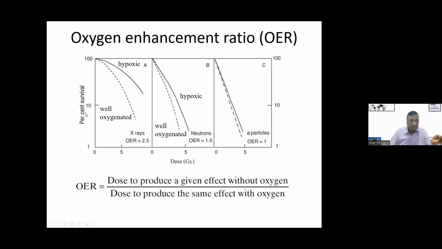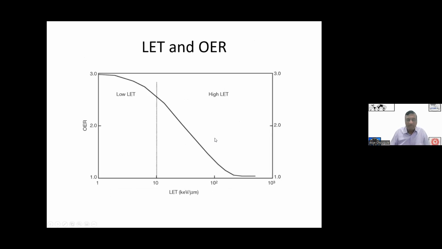Survival of the tissue goes on. But with hypoxic cells, even with much higher doses you do not get it. But if you use neutrons, this gap comes down, and with alpha particles, OER is almost 1. So whether the tumor is oxygenated or not, the alpha particle response will not differ.